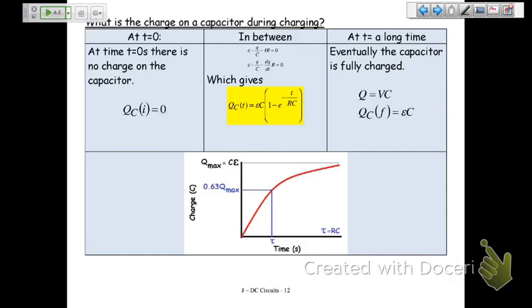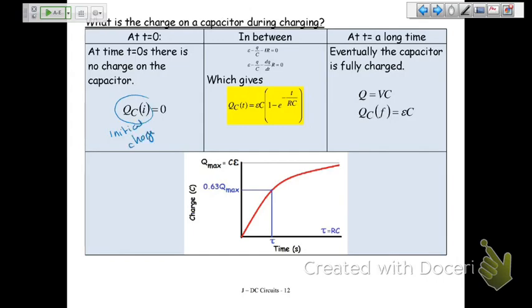Okay, so at time t equals 0, the charge on my capacitor equals 0. That is my initial charge. Initial charge equals 0.